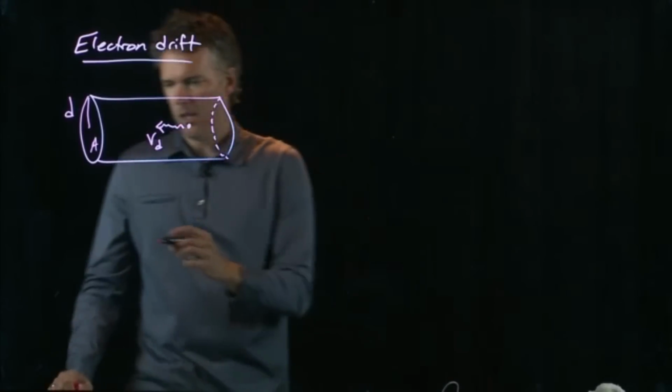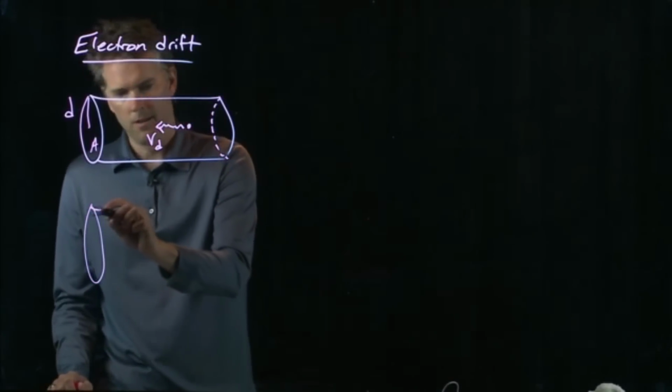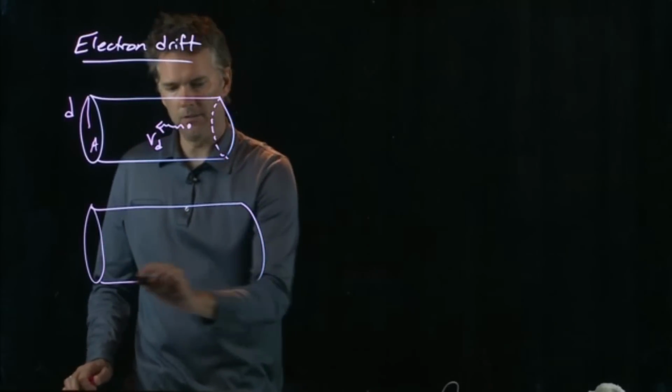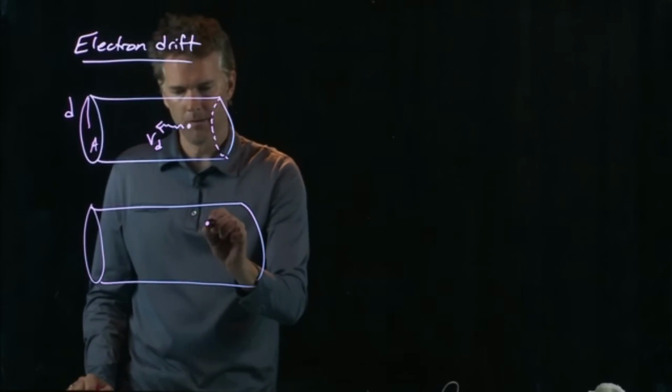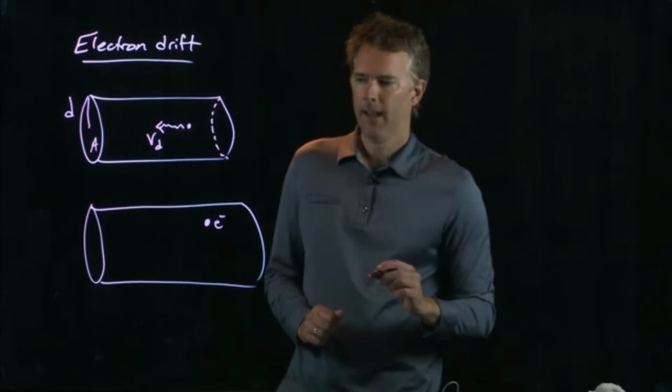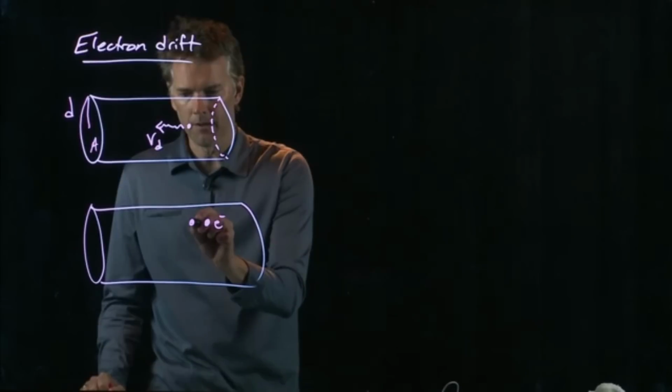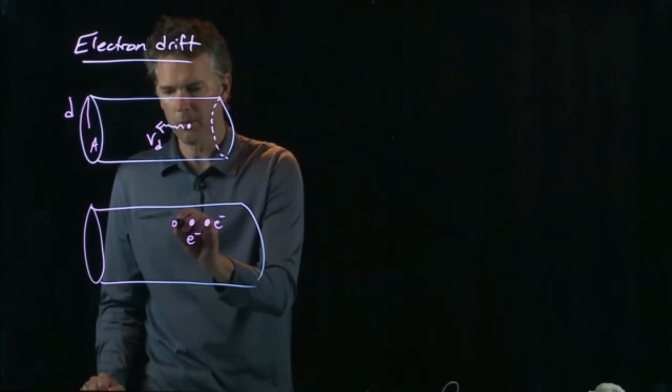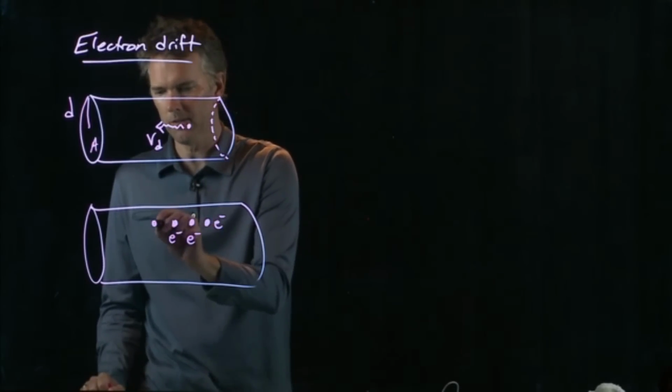So, a wire, of course, has atoms everywhere. So if I put an electron right there, there's going to be another electron right next to it, and another one right next to it, and another one right next to it.